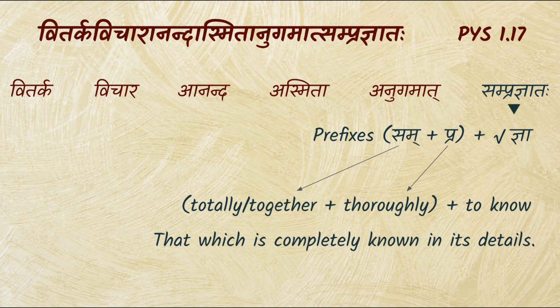Therefore, samprakyat means that which is completely known in its details. Hence, in principle, this sutra indicates a quest for the source of awareness, and in the process goes through four stages of mental absorption: vitark, vichar, Anand and Asmita.